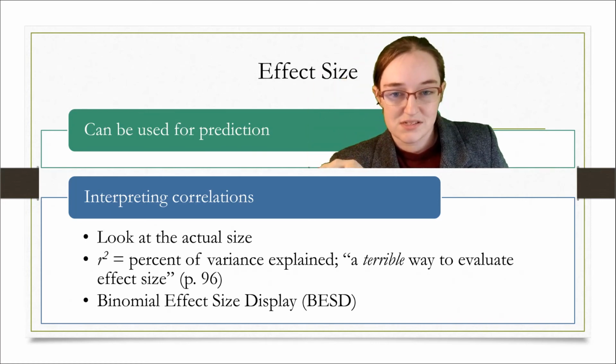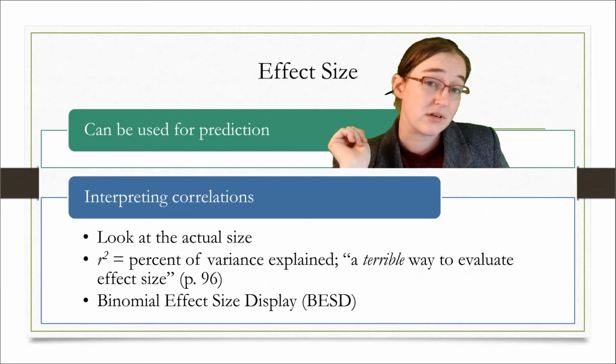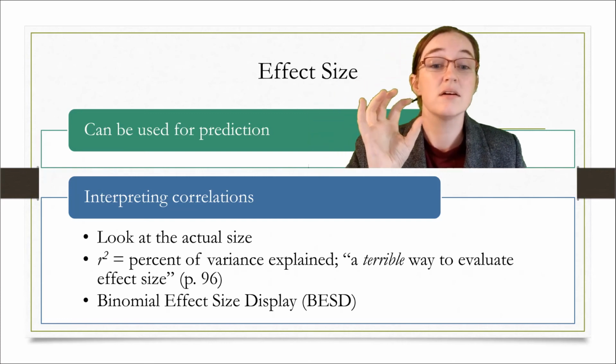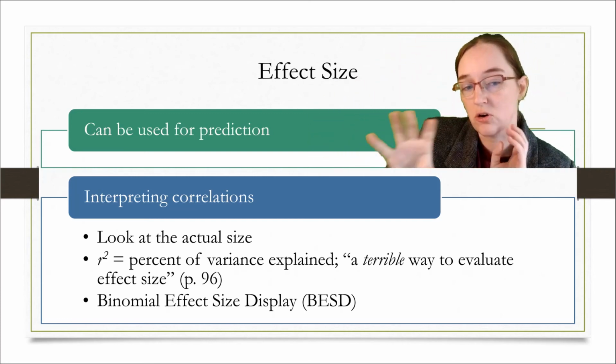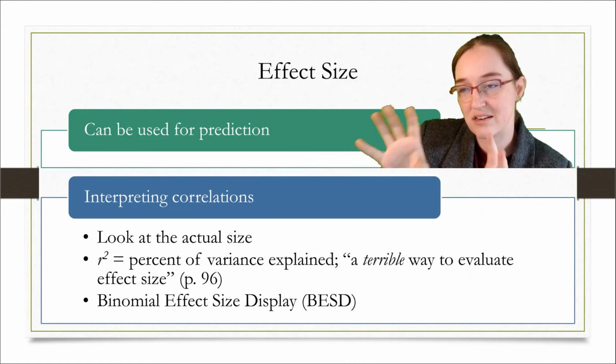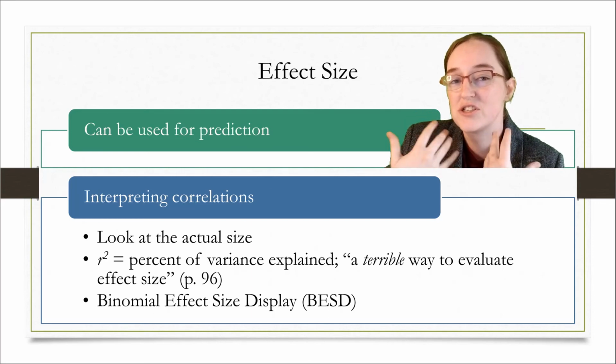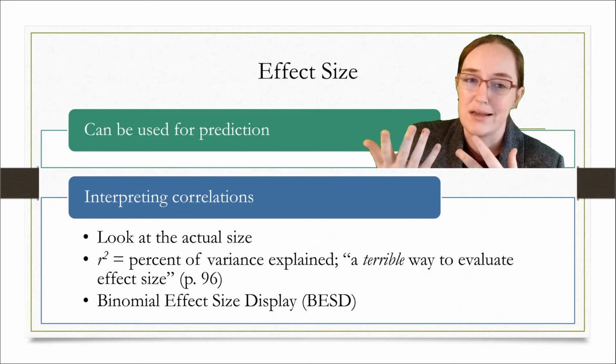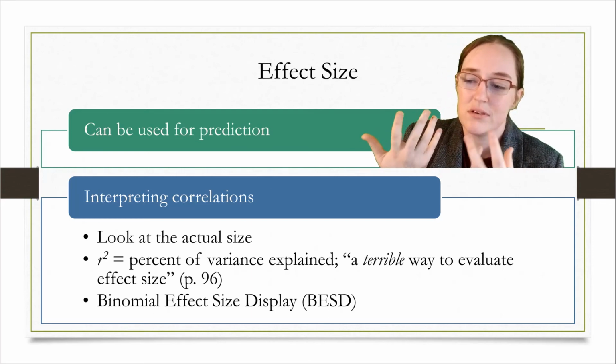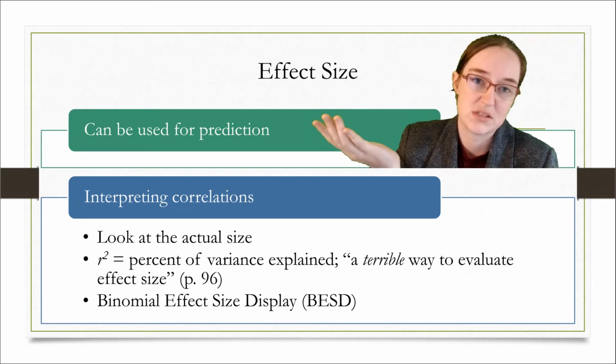Binomial effect size display, which I will keep spelling out the acronym for, is one method to compare across different kinds of standardized effects that converts a correlation into an effect that looks closer to an experiment.